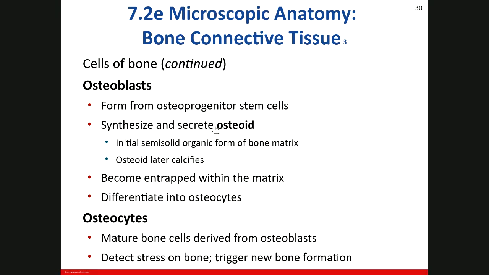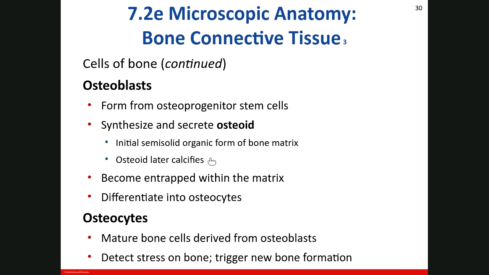So the osteoid, or matrix of the bone, is synthesized and secreted by the osteoblast. Then on the surface of osteoid, we have deposition of calcium ions, which we call calcification, and our osteoid becomes hard, and it can make a matrix of the bone.